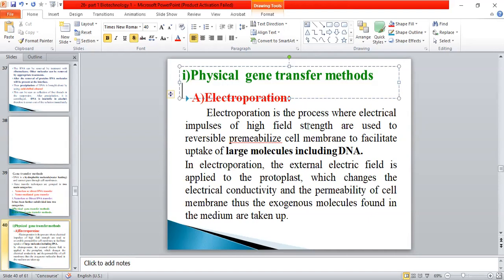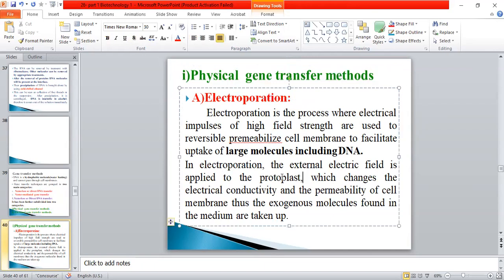As a result, an external electric field is applied to the protoplast. This is very important because we introduce the protoplast only. It changes the electric conductivity and the permeability of the cell membrane. Thus, the exogenous molecules found in the medium are taken up. Exogenous means outside.